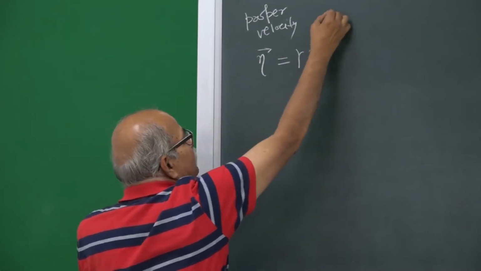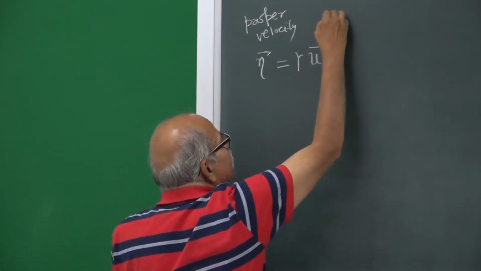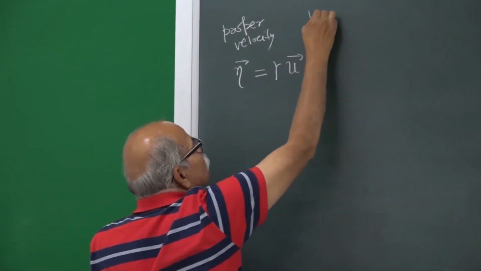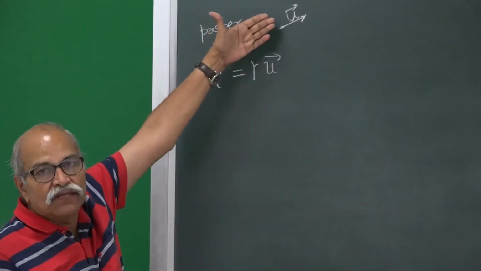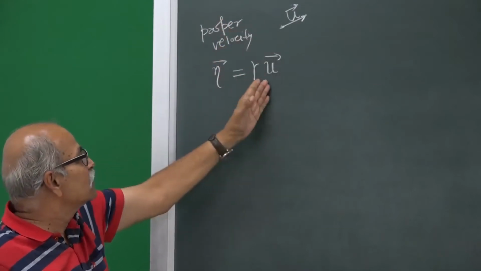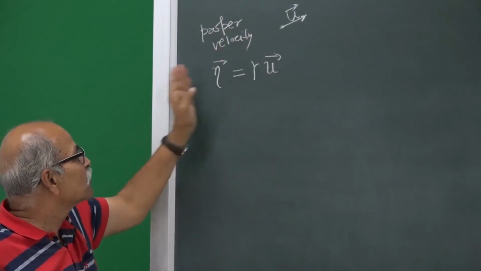So, if a particle is moving in some frame S with a velocity u, then corresponding to this velocity we define this quantity eta and we call it proper velocity.